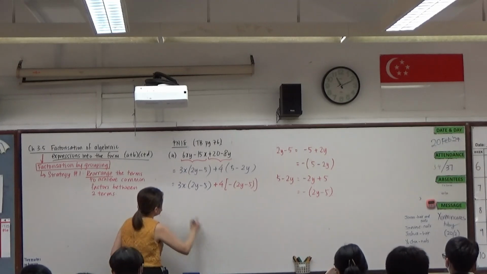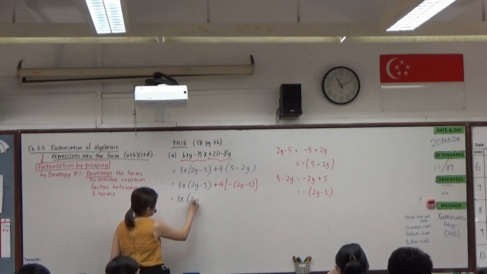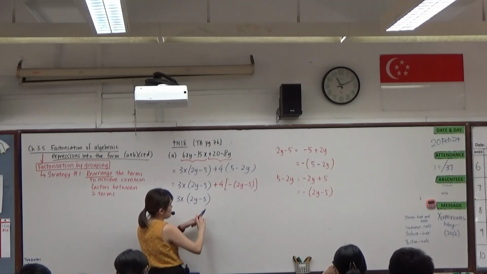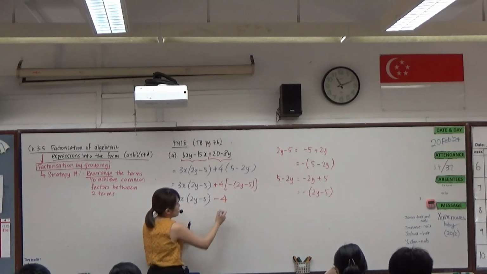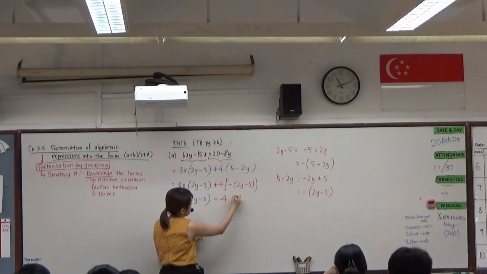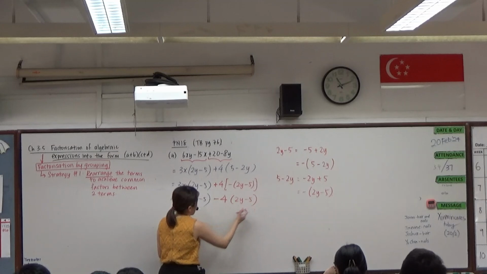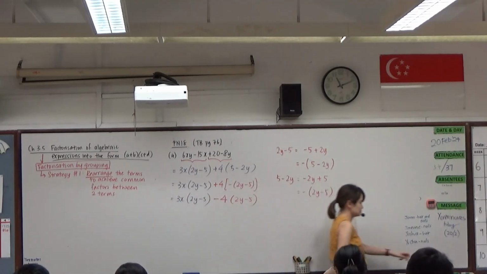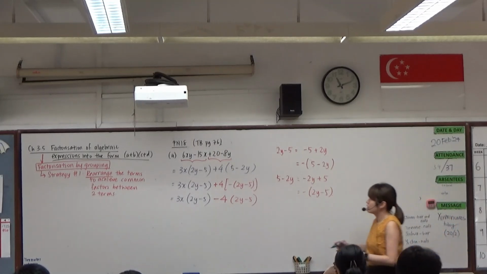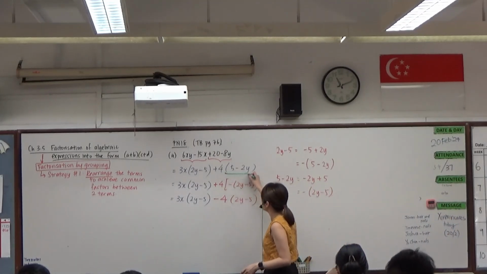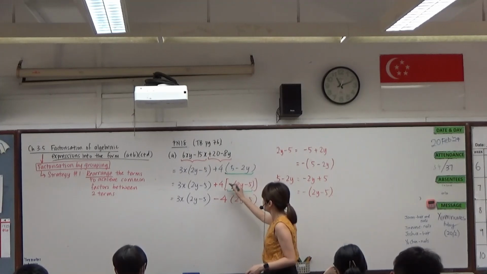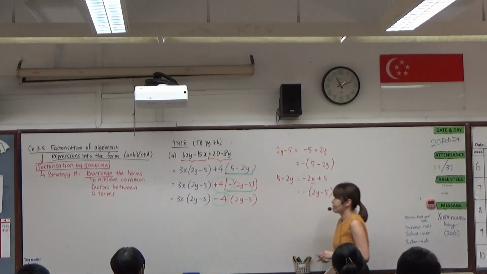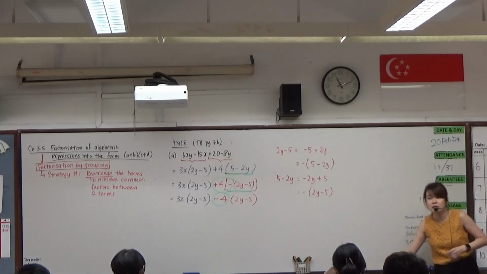And then I have the positive 4 and this negative sign multiplying each other so that I get a negative 4 and then 2y minus 5. Right? Do you see what I've just done?